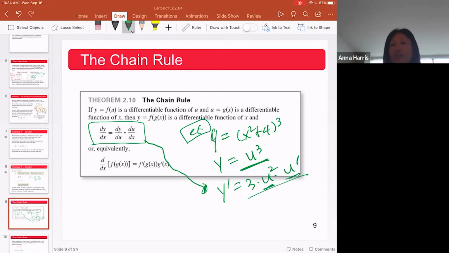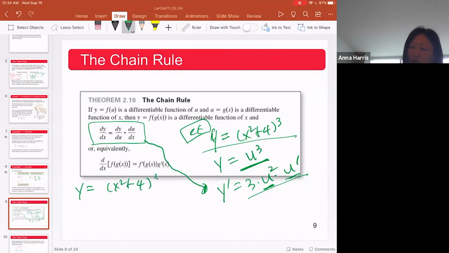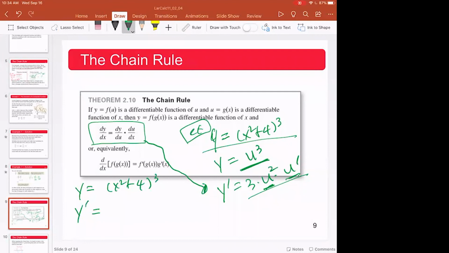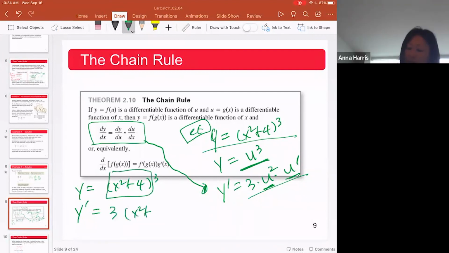When you get faster with this, you don't even have to write down u separately, because you can do everything at once. Just think about this one, a very good example. If I give you y is equal to x squared plus 4 to the third, then you're going to say y prime is equal to, thinking of this whole thing as my u, 3 times (x squared plus 4) to the 2 power, because now the 3 becomes one less power. And then multiply by what's inside, which is 2x.